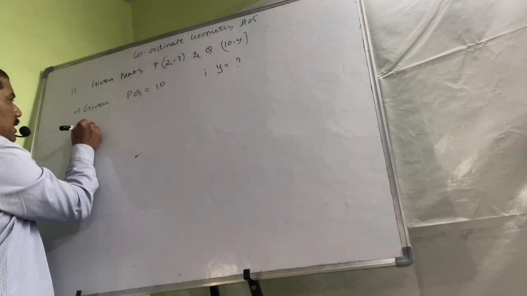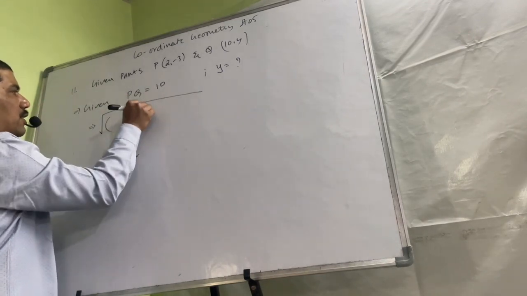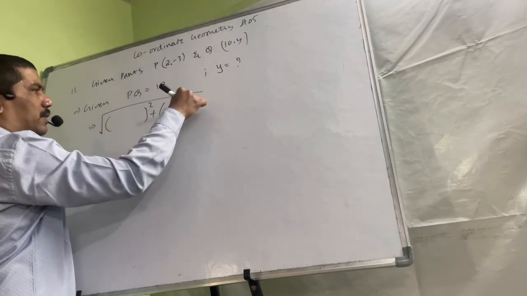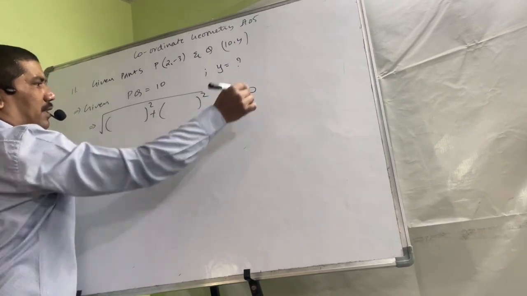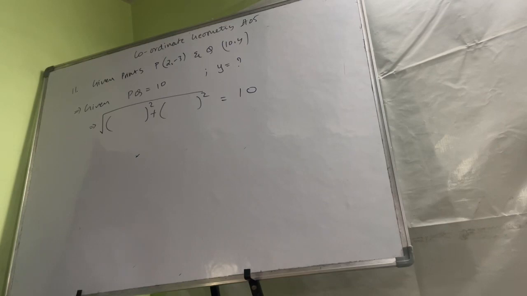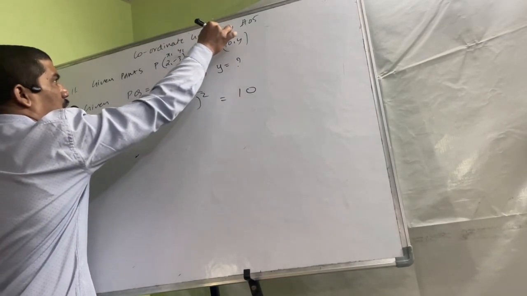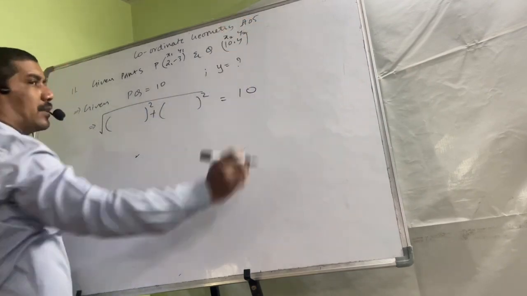So, the distance formula I am writing directly: square root of (x2 minus x1) whole square plus (y2 minus y1) whole square. The formula you know very well now, we have been going through 3-4 classes. P will become x1, y1, and Q will become x2, y2.